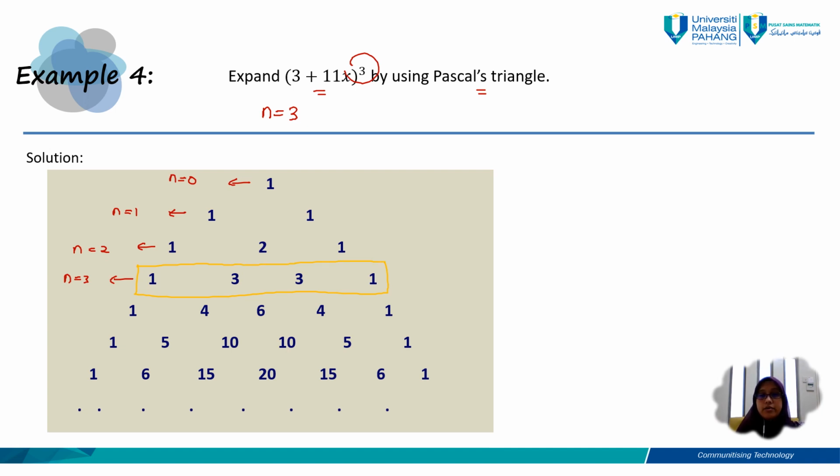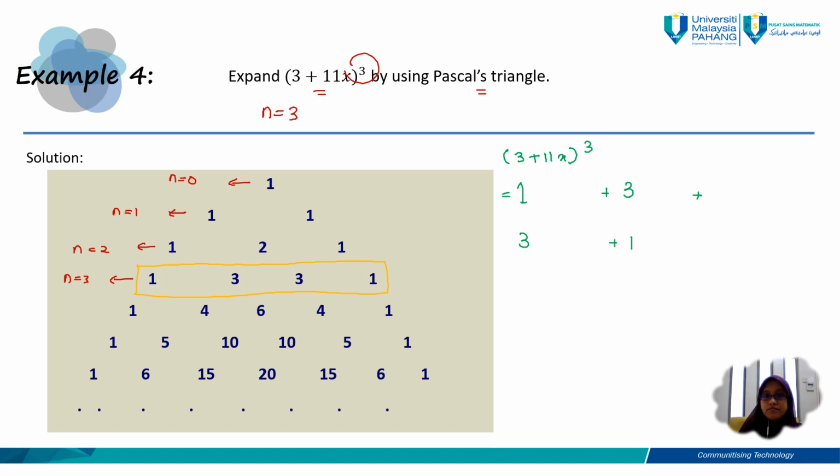So how to expand (3 + 11x)^3? The coefficient for the first term is 1, the second term is 3, the third term is 3, and the last term is 1.